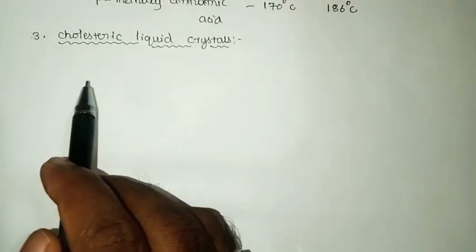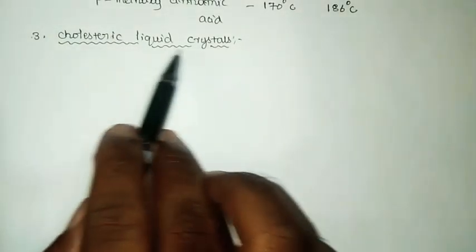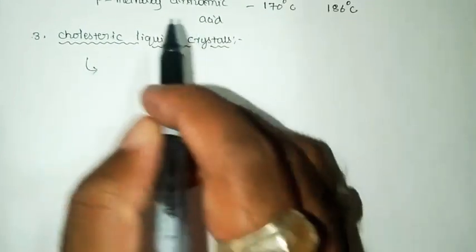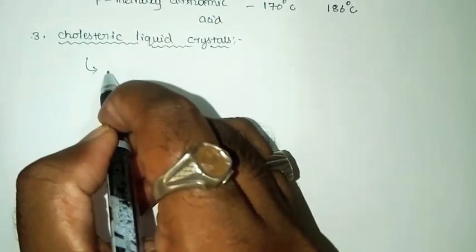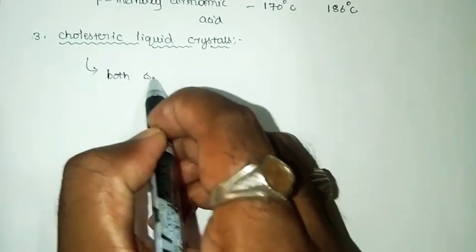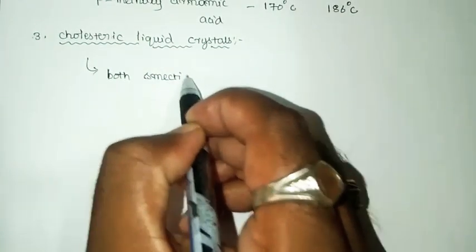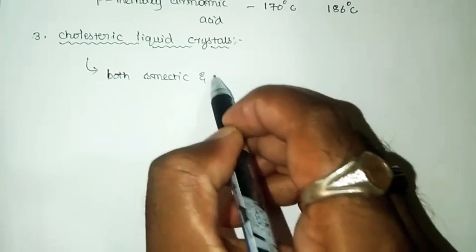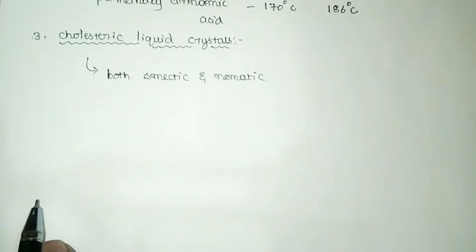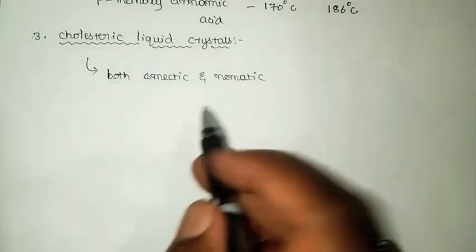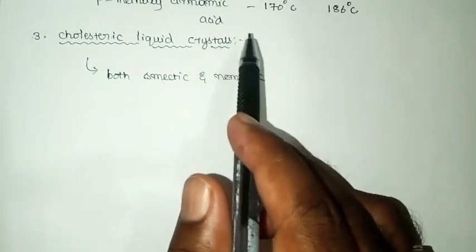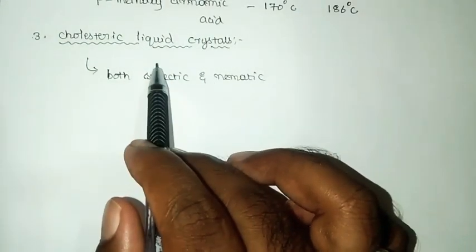The last type of thermotropic liquid crystal is cholesteric liquid crystal. These cholesteric liquid crystals are materials which show properties of both smectic as well as nematic liquid crystals. And we can easily differentiate a cholesteric liquid crystal from smectic and nematic liquid crystal.